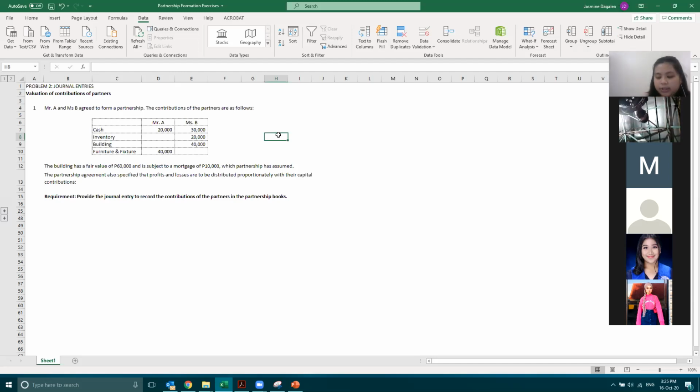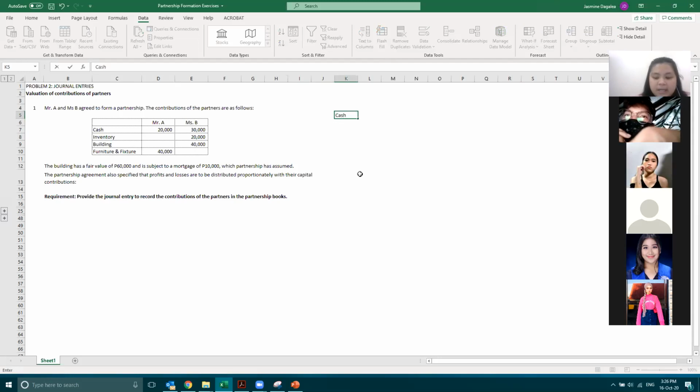So, sinong makabigay ng journal entry? Isa-isahin natin, ano yung debits? Mga ide-debit sa partnership books. Debit Cash, 50,000.